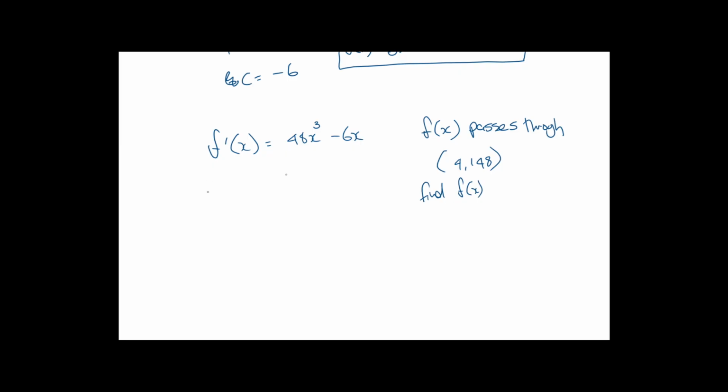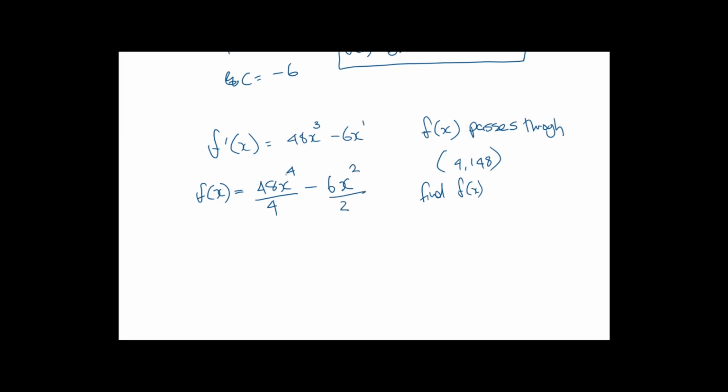So if f dash of x is that, f of x must be the 48 stays there, the x stays there. Now the 3 becomes a 4. We have to divide by 4. The negative 6 stays there, the x stays there, the 1 becomes a 2. Remember, there's a 1 there.